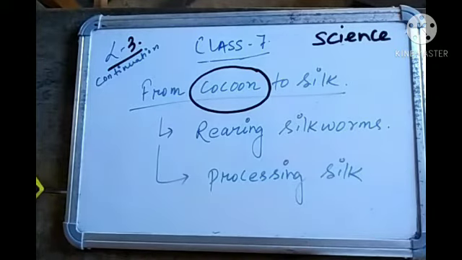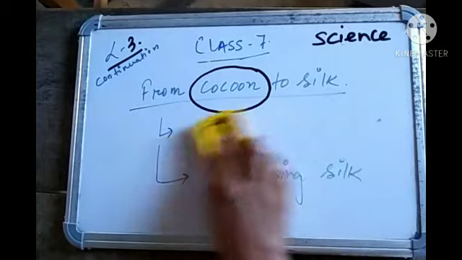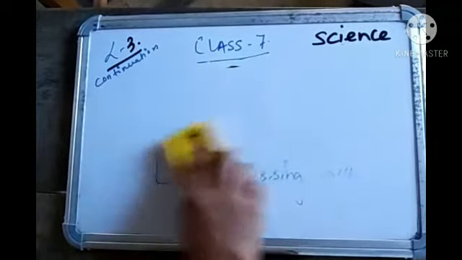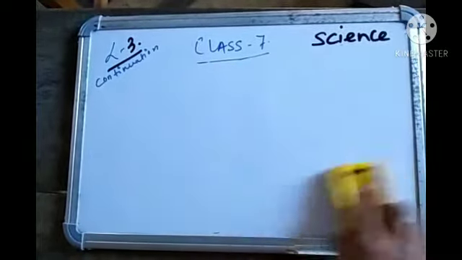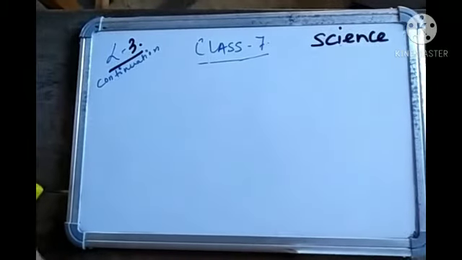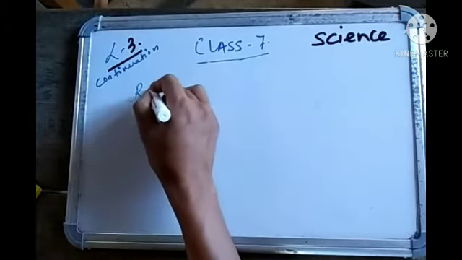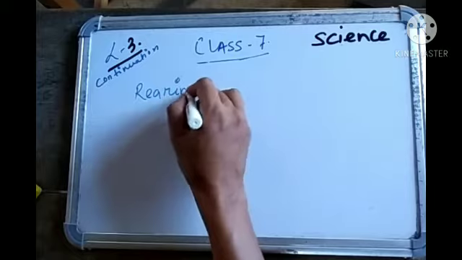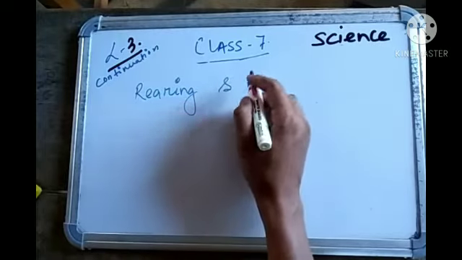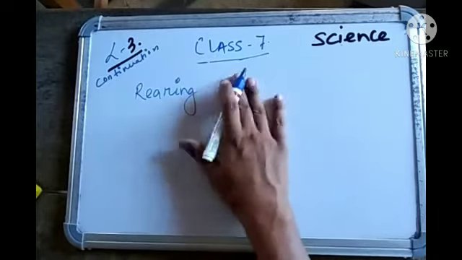Under this point, from cocoon to silk, we are going to discuss two major points. One is rearing silkworms, and the other one is processing silk. So we will start with rearing silkworms.